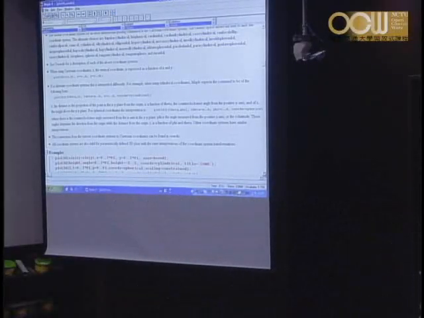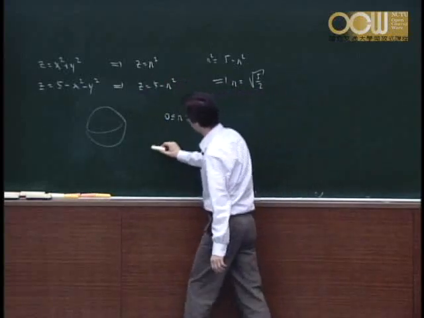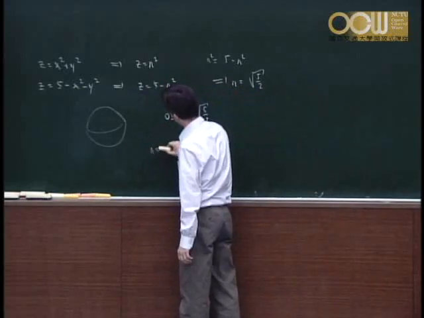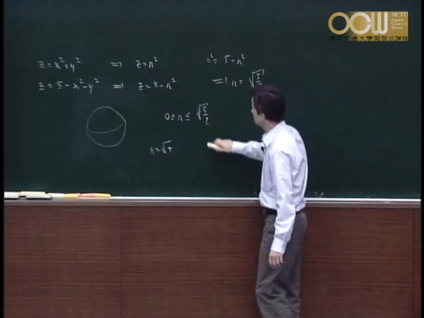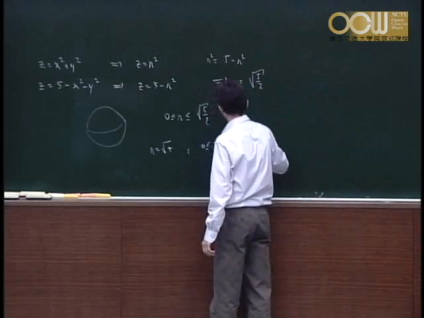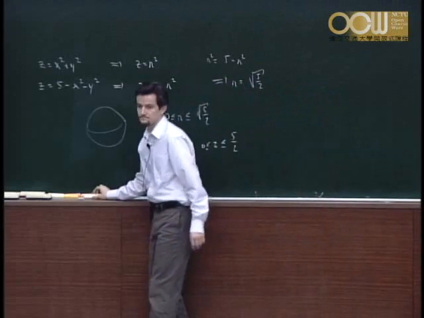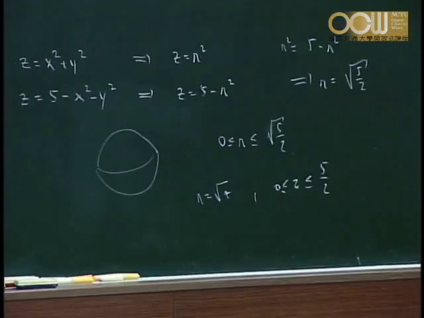So this wouldn't be a problem for the first one. You just solve it for z, then you have r is equal to the square root of z. And because of this range here, you see that z must be from 0 to 5/2. So you can actually use the plot3d command to plot this curve here.